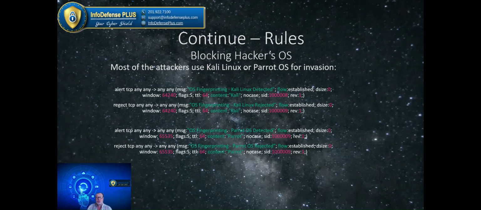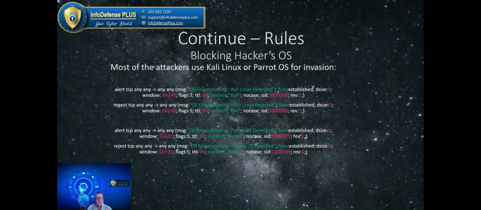So how to configure rules? In most cases, attackers will use either the Kali Linux distribution or Parrot OS. Those operating systems are commonly used by hackers to invade devices.